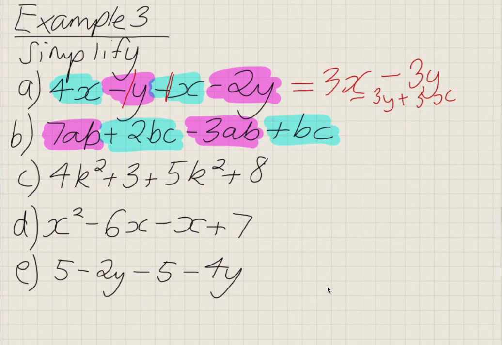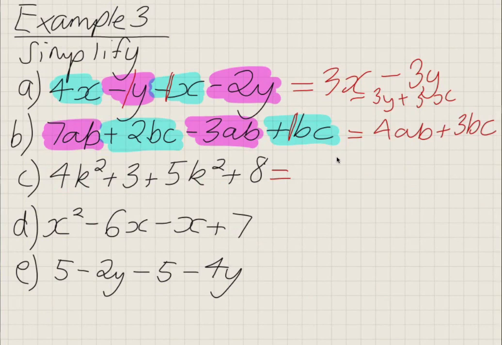Notice how each time I'm highlighting the sign that goes in front of the term with it. So 7AB minus 3AB is 4AB. And 2BC plus BC is the same as 2BC plus 1BC. So plus 3BC in here.